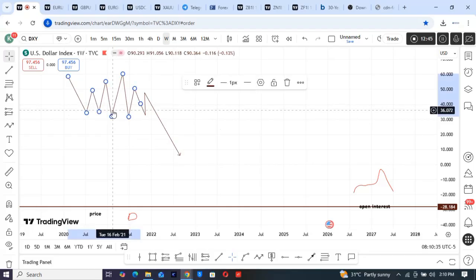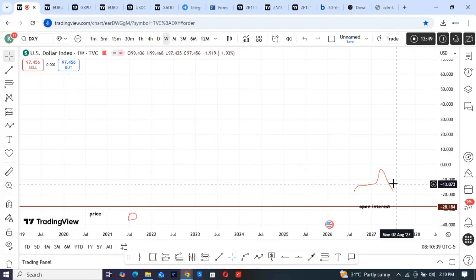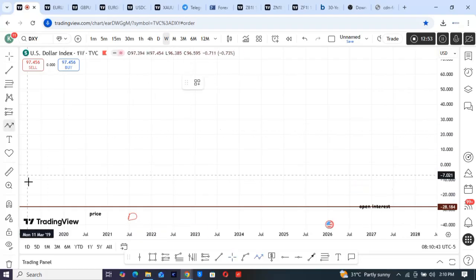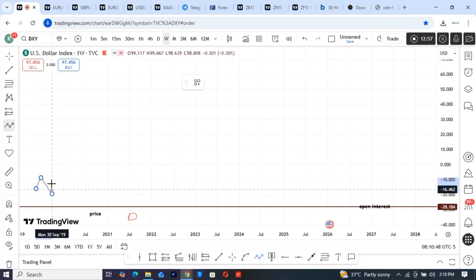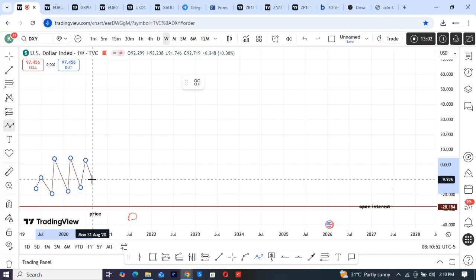So let's delete this and clear this also. Now you have a bullish narrative in price where you want price to move higher. It's been stuck in a consolidation.